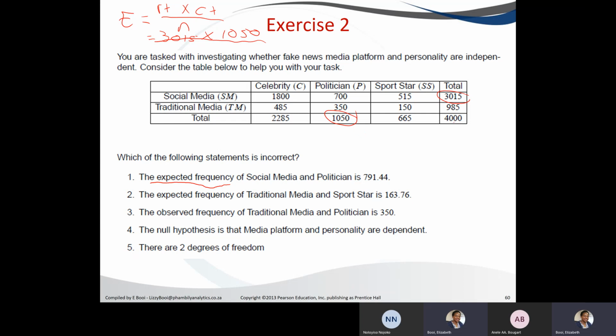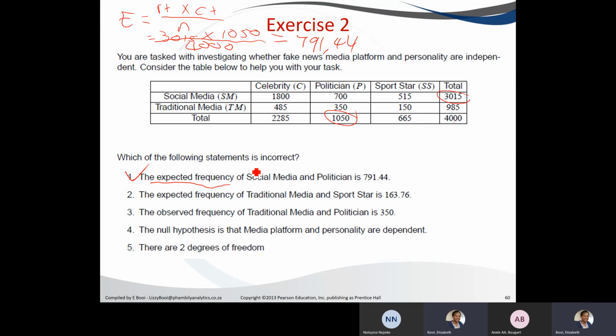Divide by 4000. So this will be 3015 multiplied by 1050 divided by 4000 equals 791.44, which is correct.